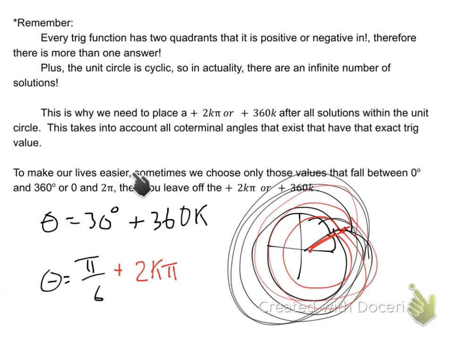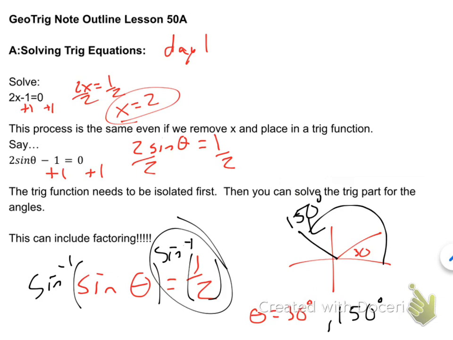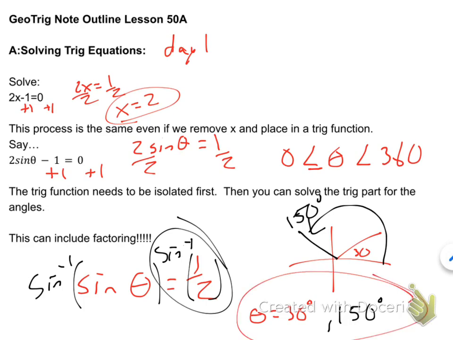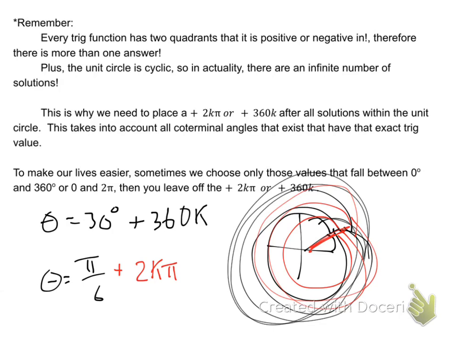What this last line is saying, though, is that if it does say it falls between 0 and 360, then I can go back to what we did here and state just 2 answers. So if this problem said 0 is less than or equal to theta, which is less than 360, those are my only 2 answers. And if it doesn't, then I would have to write this to represent every possible answer that I could come across.